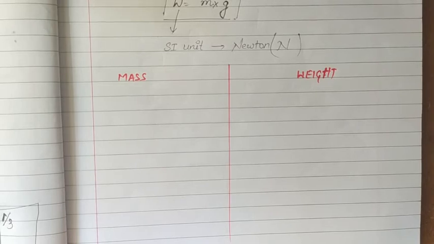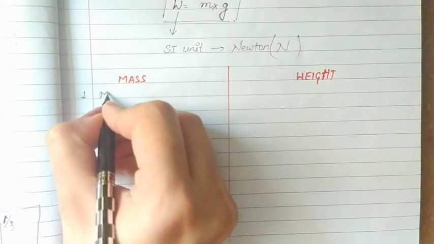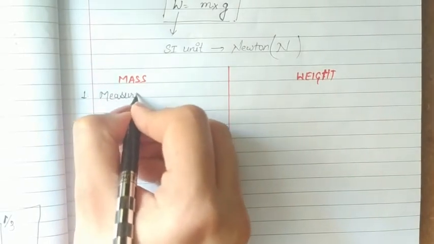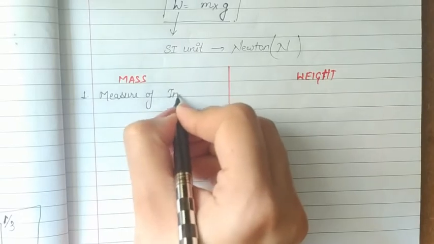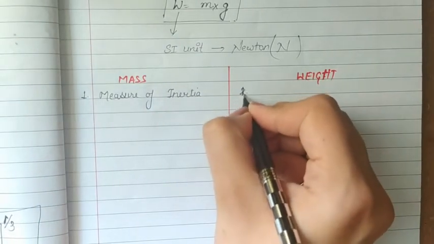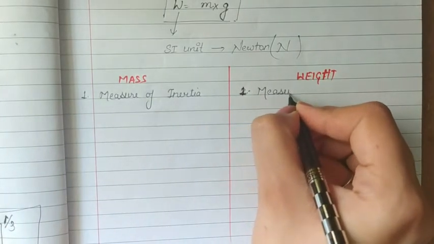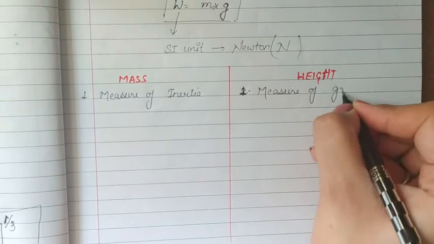It is defined by the property of inertia of the object, while weight is the measure of gravity. So mass is the measure of inertia, while weight is the measure of gravity.